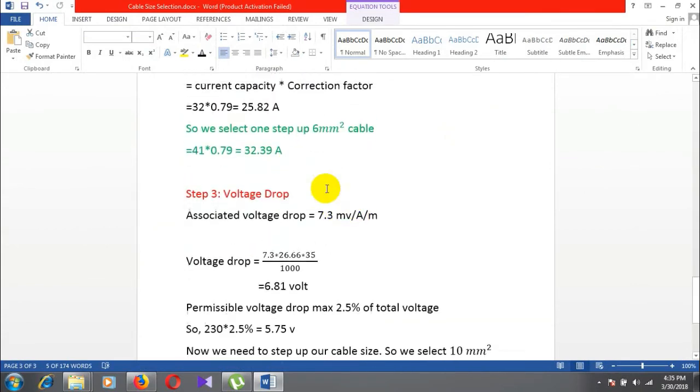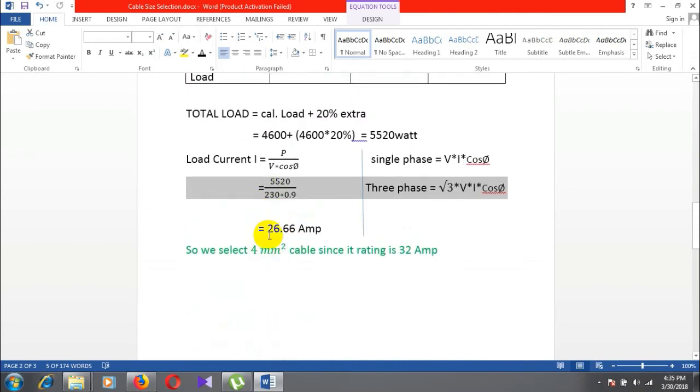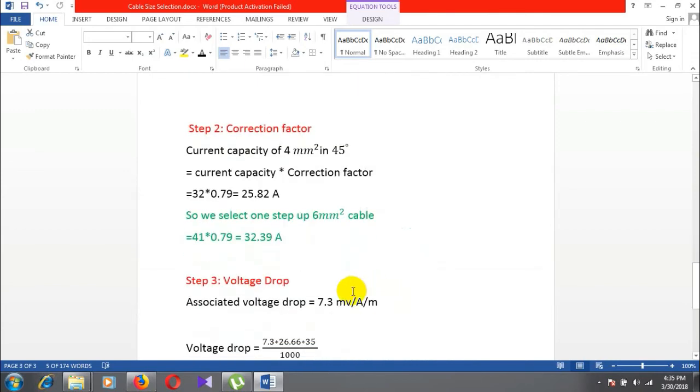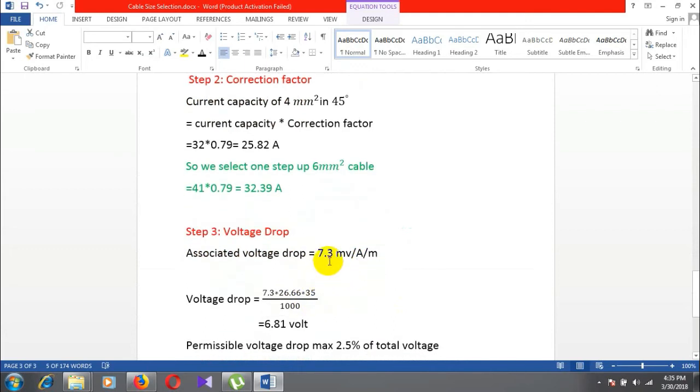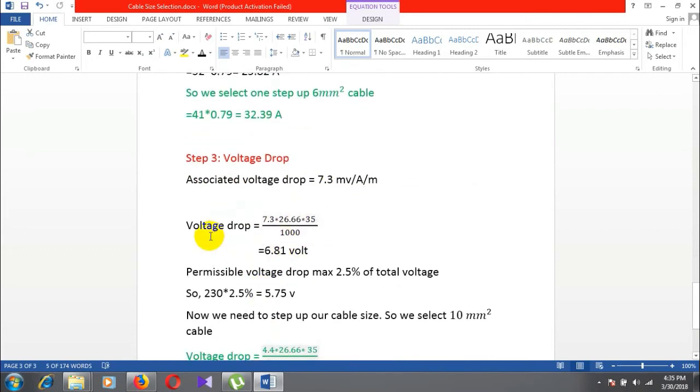That ampere means our required ampere, into length. The cable length is 35 meter. Since it is millivolt, that's why we divide by 1000 so that we can measure this voltage drop in volt.